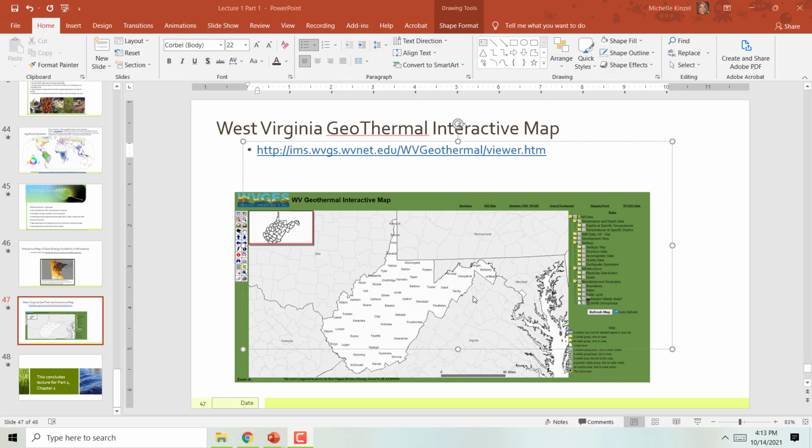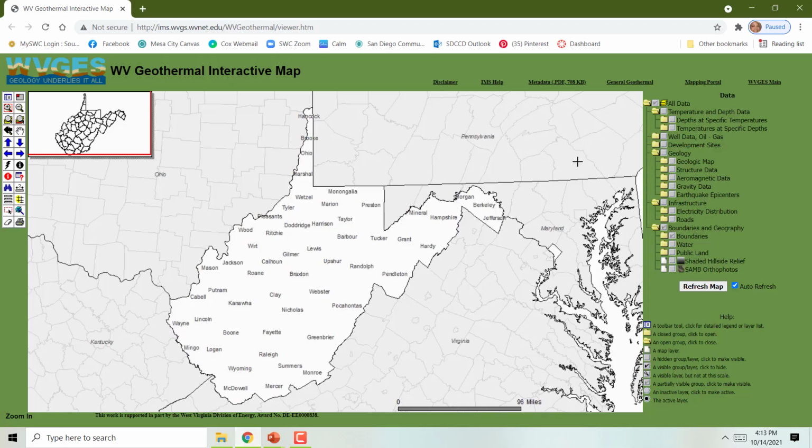And the last example that I want to show you for this part of lecture is a geothermal interactive map from the state of West Virginia, and I've already opened that up for us, and you can see that if you've used previous versions of ArcGIS, some of the buttons might look familiar to you, and you can interact and look at these different data sets.